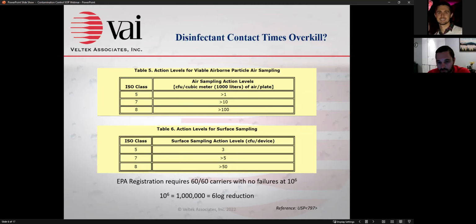So is a 99.9% or 999 CFU kill adequate? Yes. Would a 1,000,000 CFU kill essentially be overkill? In a clean room environment, the answer would, in my opinion, be yes. So as long as you're coming in between those two contact times, you're getting at least a 3-log reduction of those organisms.